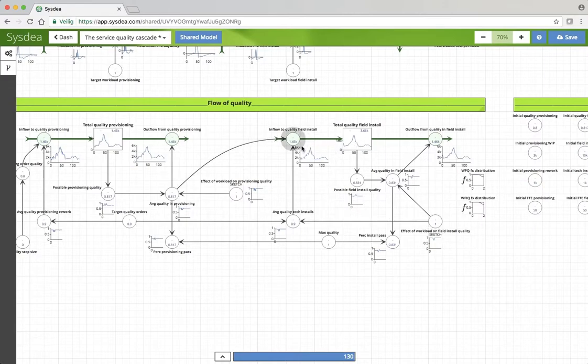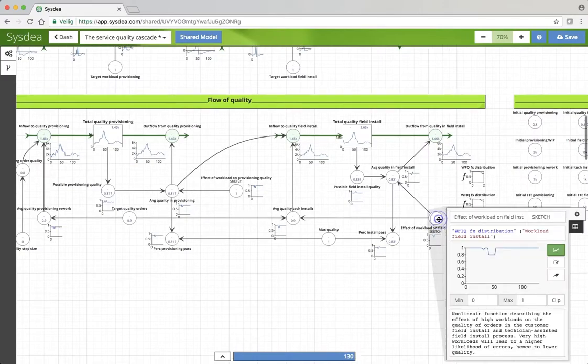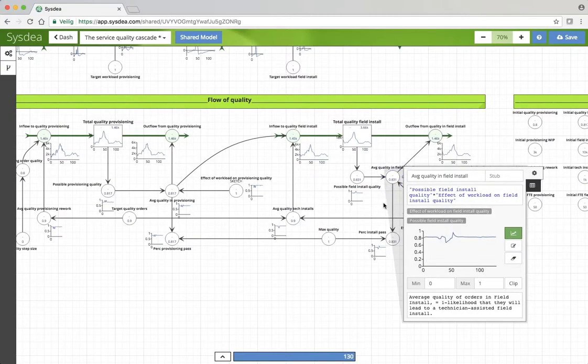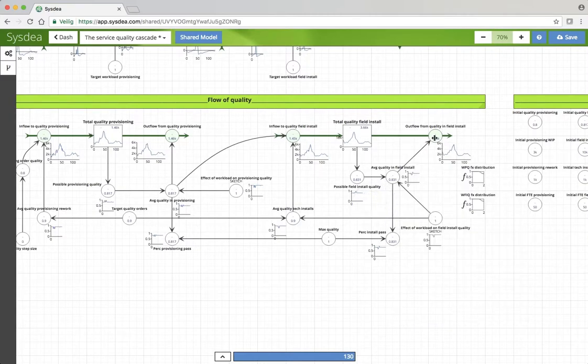So back to field install, there is the cascading effect of problems in provisioning coming down, and there are the effects in field install itself of workload on field install quality, as a result of more demand on the system than the system can handle.